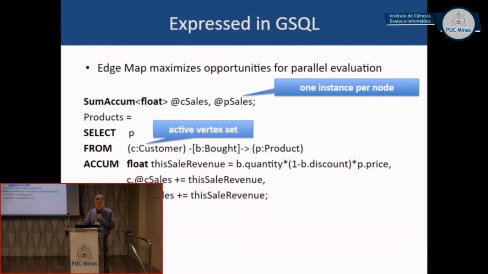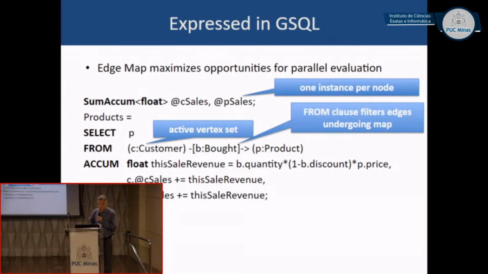The from clause contains this pattern which filters which edges will even undergo the map. And this pattern is actually identical to what the GQL and SQL PGQ standards are bringing out.